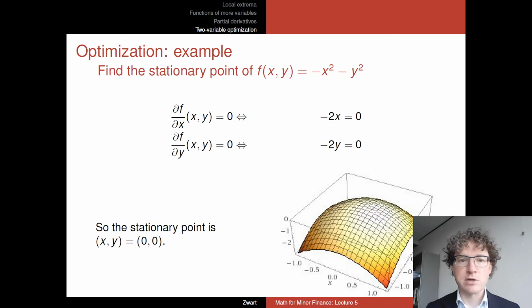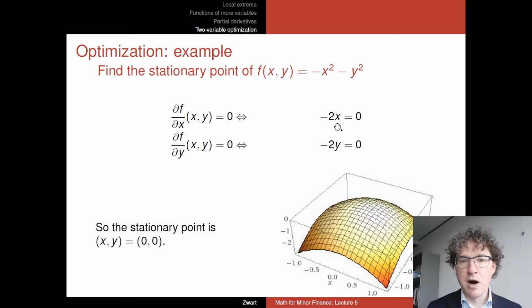So what's the first partial derivative? Df dx, let's just take the partial derivative with respect to x. For the first term, this gives us minus 2x. The second term does not depend on x, so we treat y squared as a constant if we're looking at the x derivative, so that vanishes.